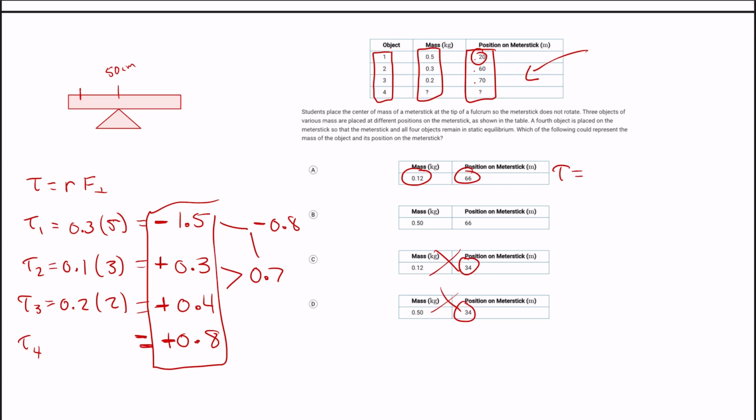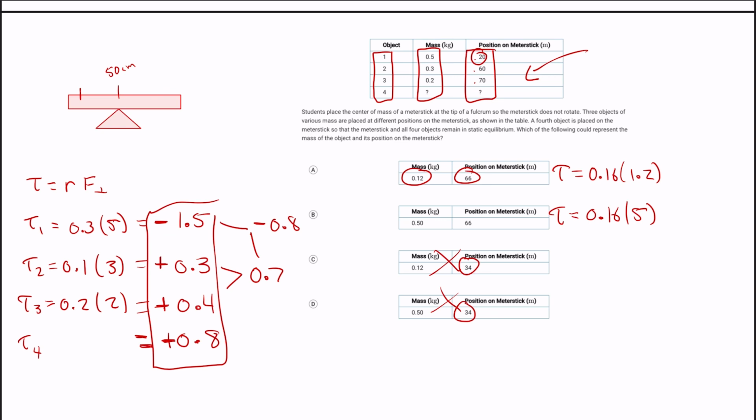But the torque here would be 0.16, because it's 16 centimeters from the axis of rotation, times 1.2. All right, and then the torque of option B would be 0.16 again, times 5.